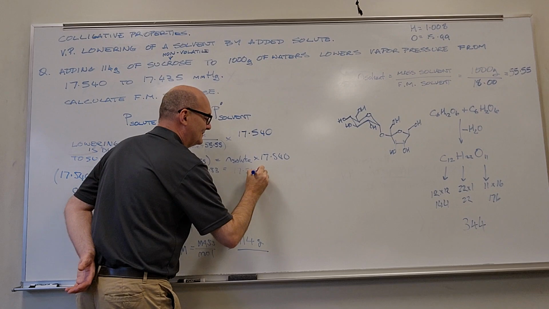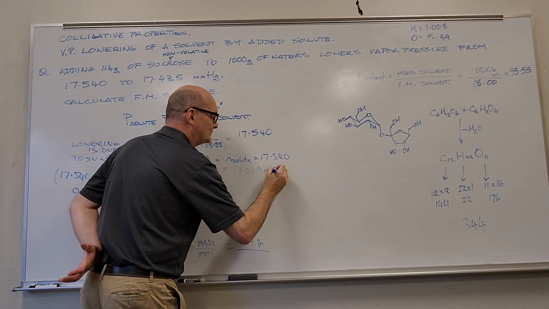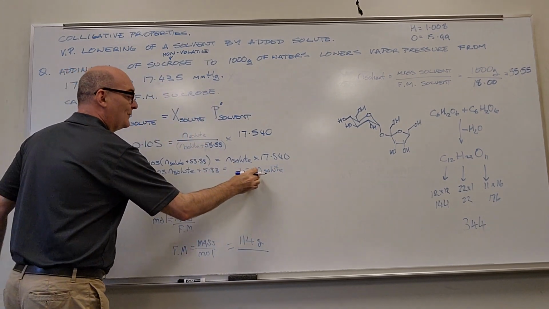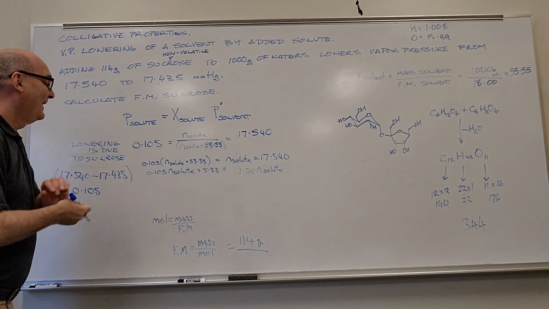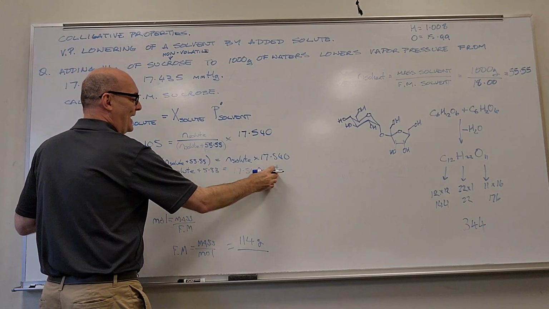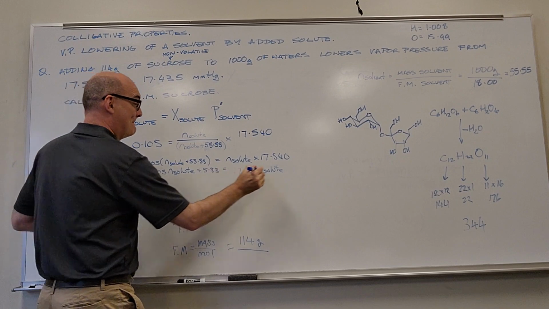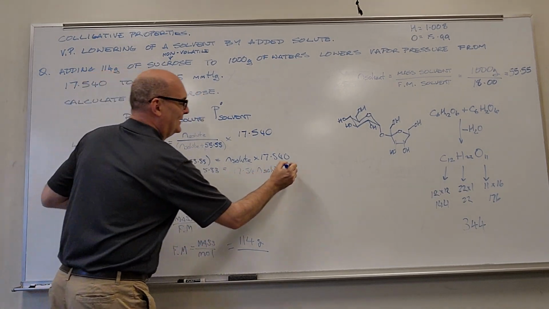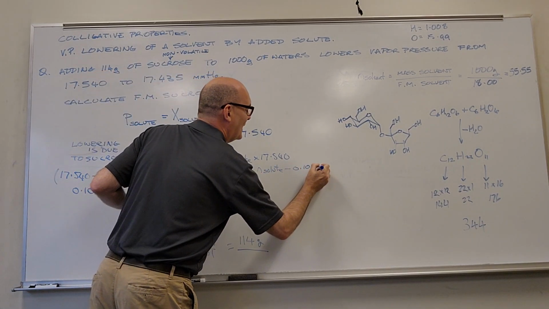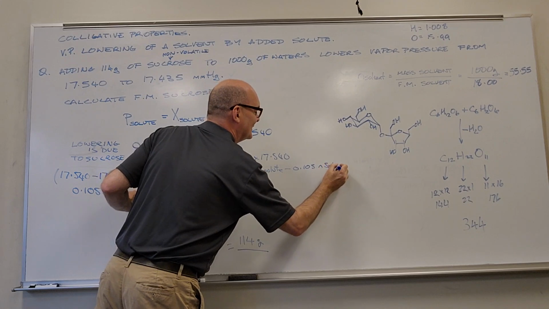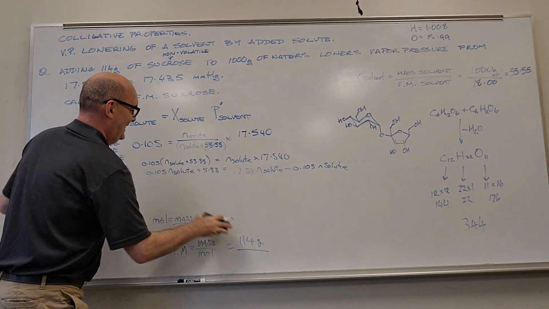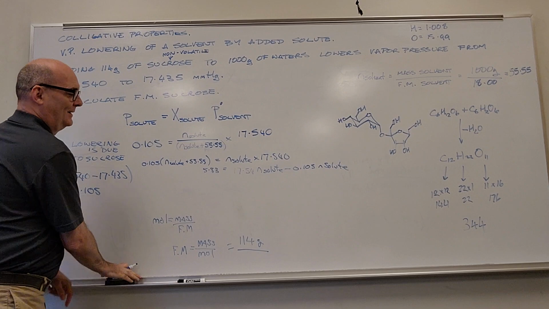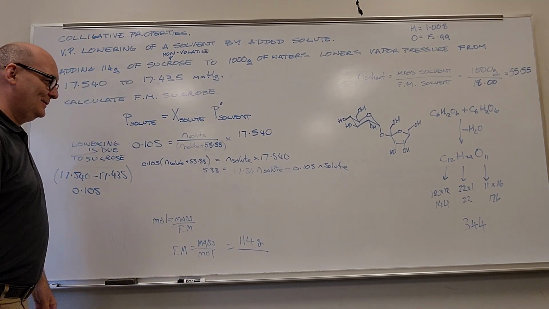17.54 n solutes minus 0.105 n solutes is now equal to 5.83.